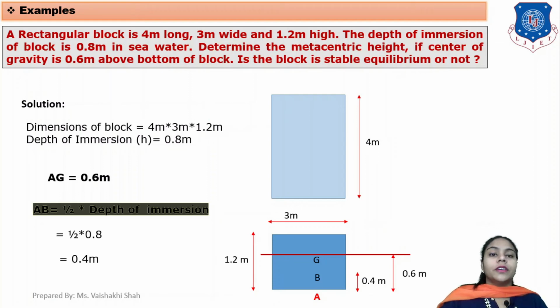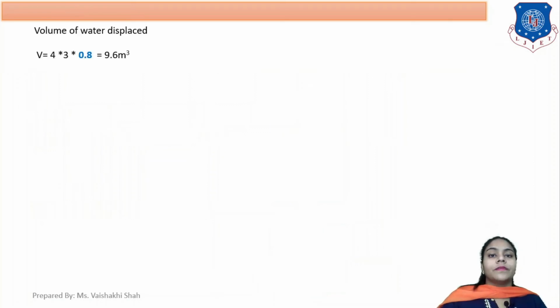So you already have the dimensions AG and AB. So you get BG by using the equation, see in the diagram, AG minus AB. If we place AG minus AB, that gives you BG.